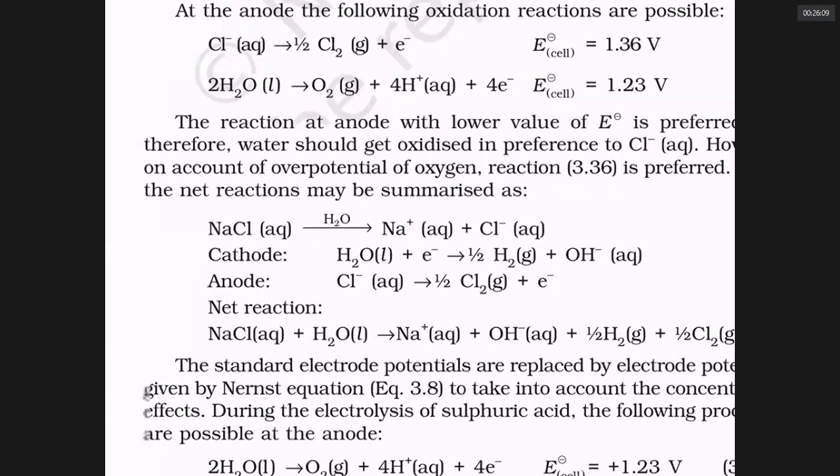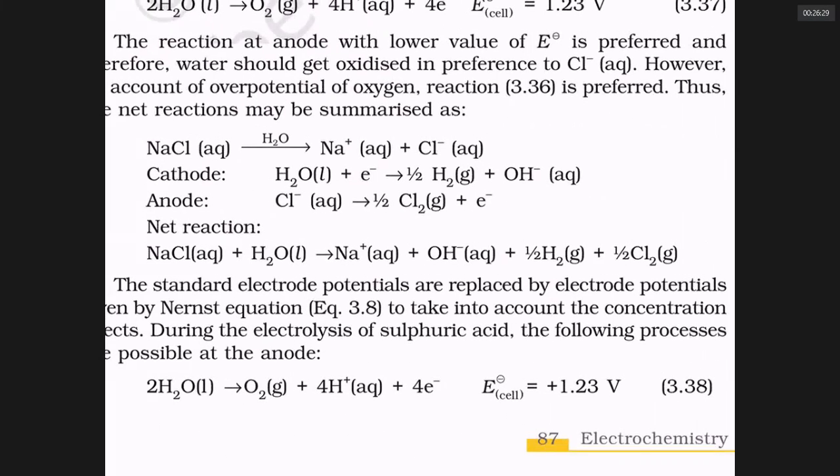So during the electrolysis of salt water, the Na plus ions remain unaffected. Water undergoes reduction to give hydrogen gas. The chloride ions undergo oxidation at the anode to give chlorine gas. So at the end of the reaction, when NaCl in aqueous solution is electrolyzed, Na plus remains unaffected. Water gains electrons to become H2 and OH minus.